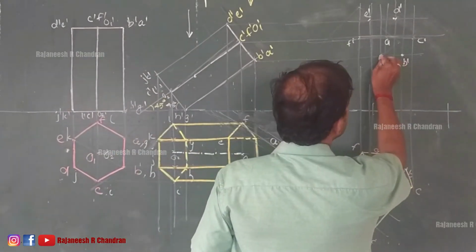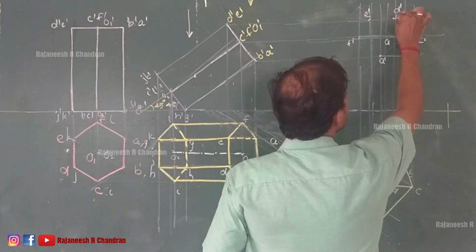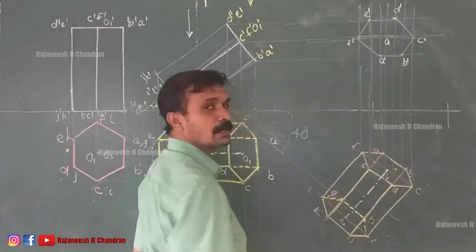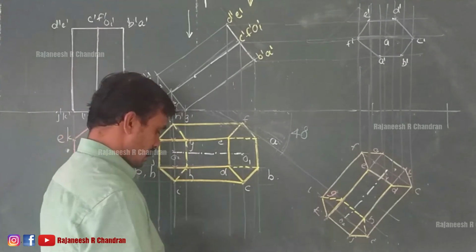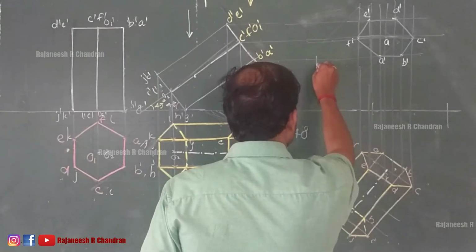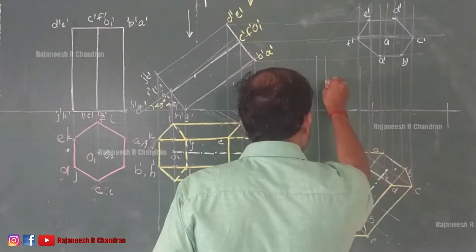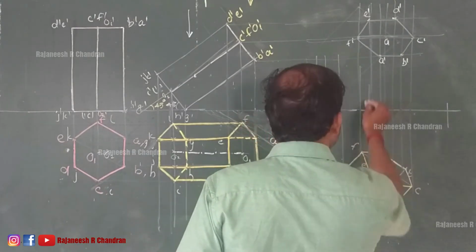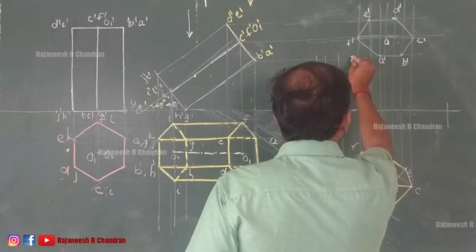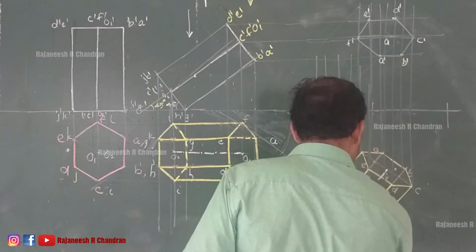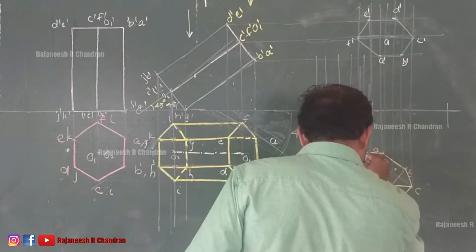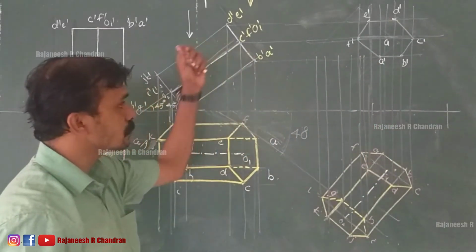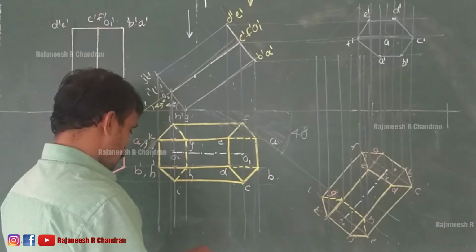Connecting it using a light pencil: CD, DE, EF and F. That is completed. Now through all these points, draw the projectors.